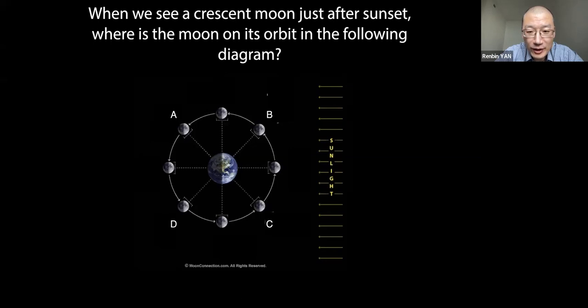So you need to think about where the crescent moon is first, and then think about where the horizon is at sunset. And then you can see which crescent moon you can see.